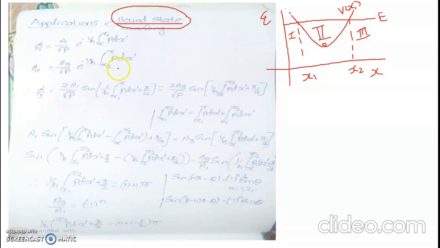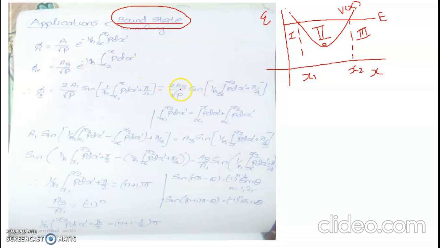Again, in region 3, the wave function is a decreasing exponential, so it is to be transformed to a sinusoidal oscillation, and the constant multiplying the sinusoidal oscillation must be twice that of the constant multiplying the decreasing exponential term.